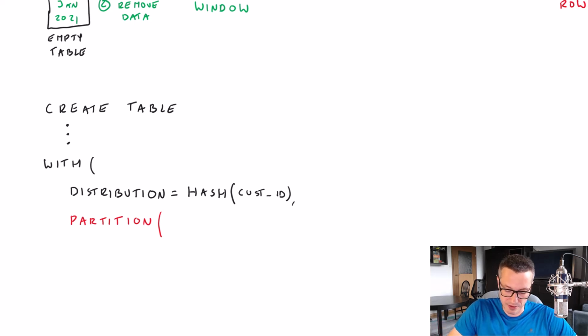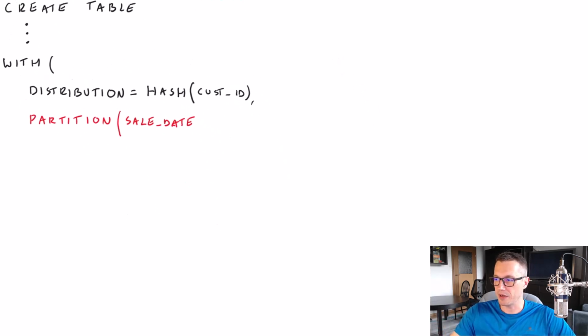For example, sale date. And usually you want to partition on the date column. So sale date, then RANGE LEFT or RIGHT, and in a second I will explain what it means. For now, let's assume RIGHT.